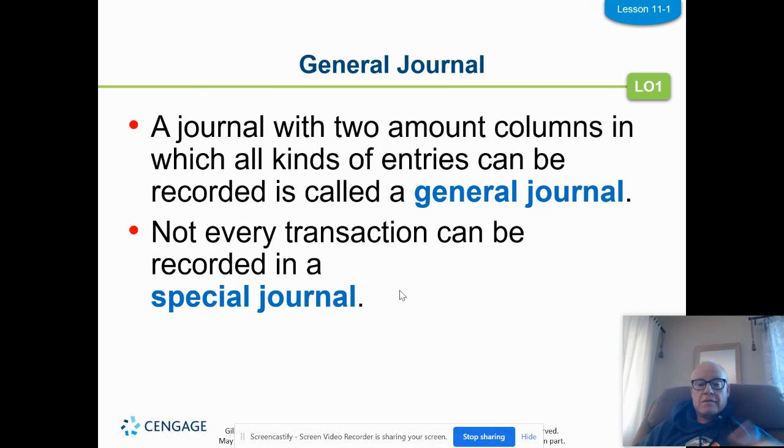So in this case, this kind of transaction does not belong in one of our special journals like purchases or cash payments. And then think about what happens if you received merchandise, and it was either the wrong kind or was damaged or whatever. These kinds of things go on all the time. How might you journalize or record that entry within your organization? That's what we're going to be getting into here.